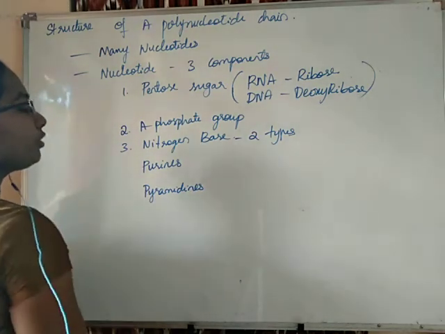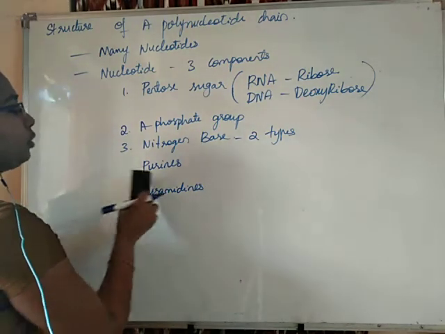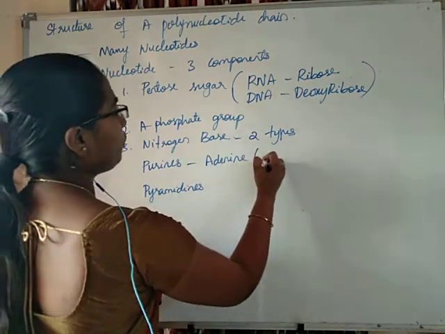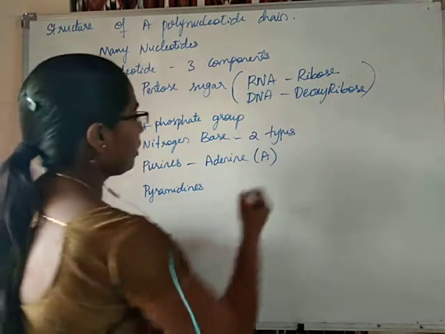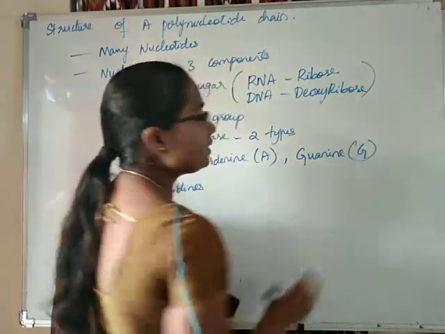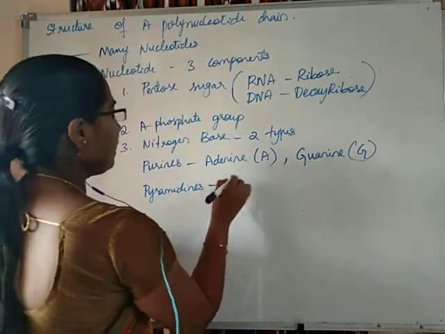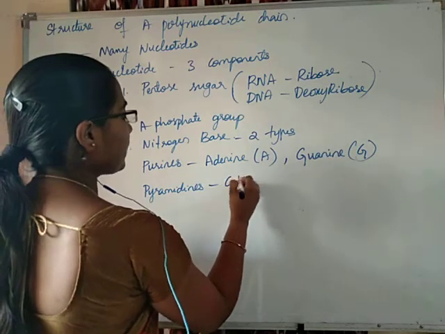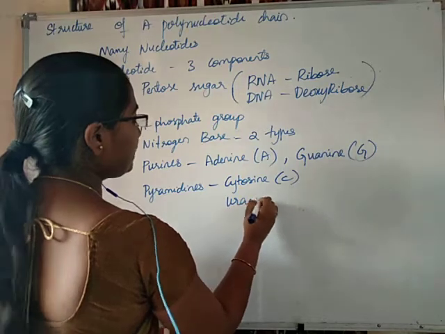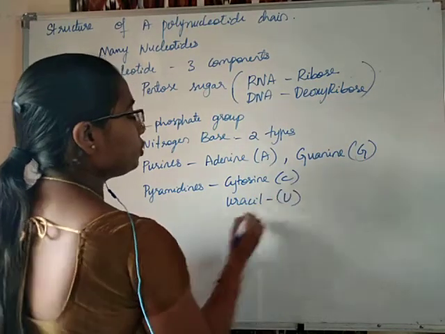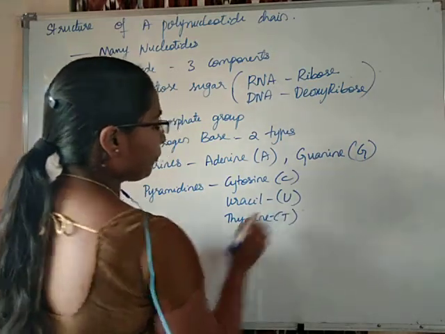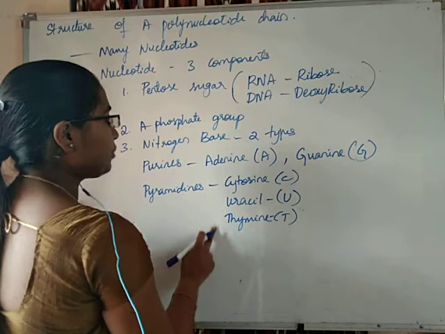See, these purines are of 2 different types. They are adenine, represented as A, and guanine, represented as G. Pyrimidines are cytosine, represented as C, uracil, represented as U, and thymine, represented as T. So, these are the 3 different types of pyrimidines.